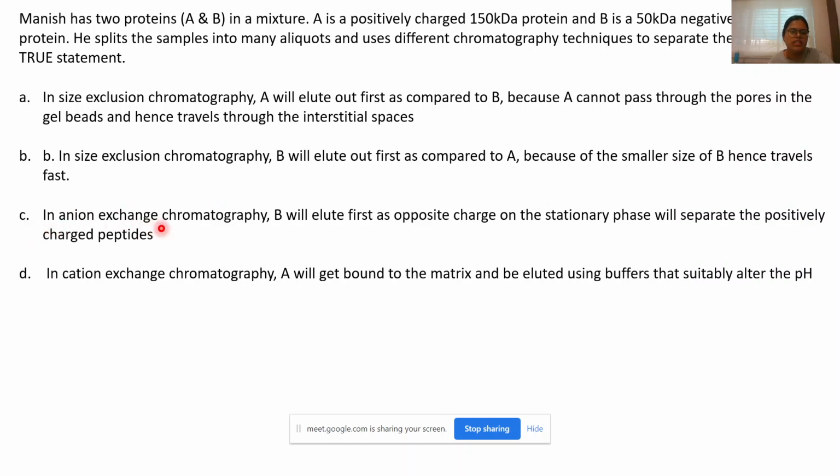Option C is anion exchange chromatography, where B will elute out first as the opposite charge on the stationary phase will separate the positively charged peptide. And option D is cation exchange chromatography, where A will get bound to the matrix and be eluted using buffers that suitably alter the pH.